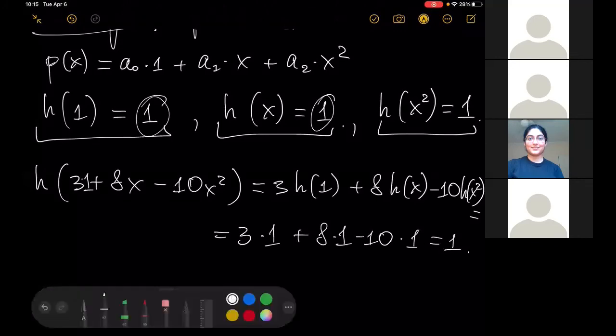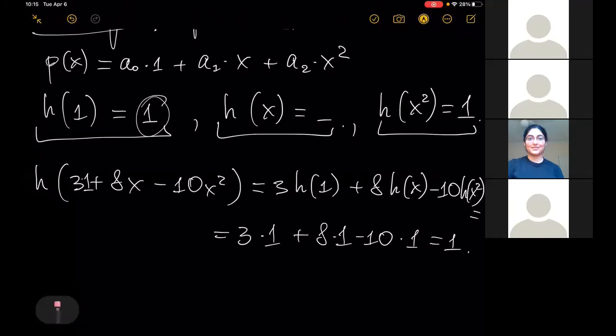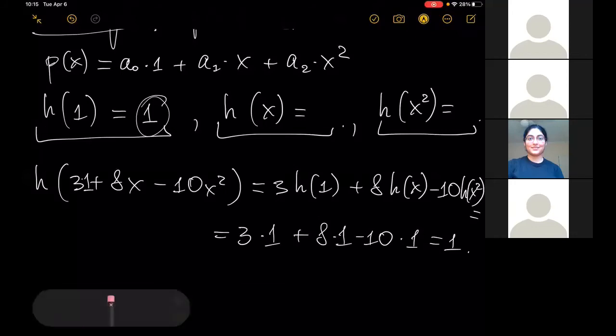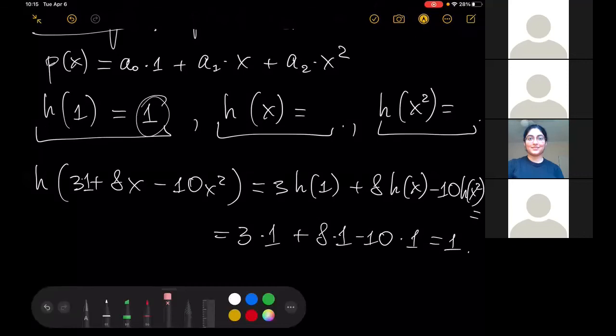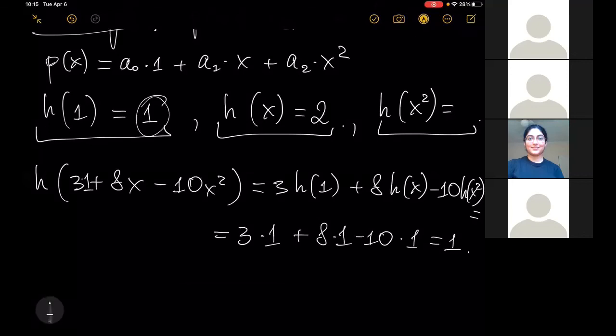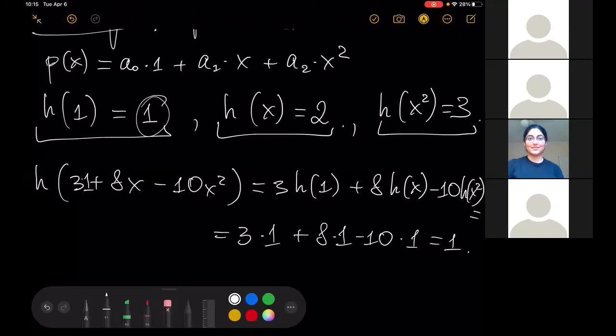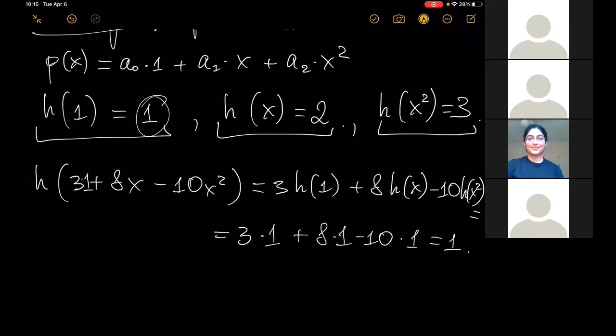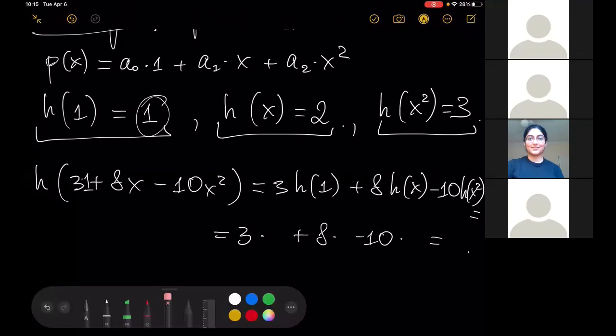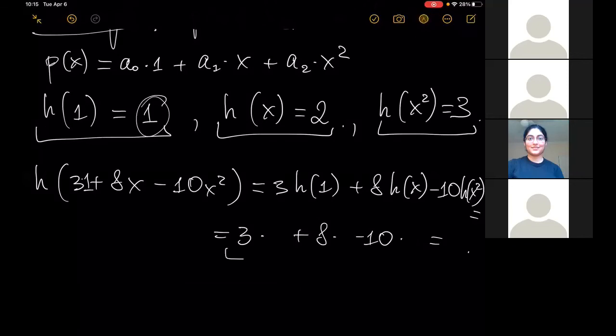If, for example, I would have here 2 and 3, then how to compute it? What do I need to put here?